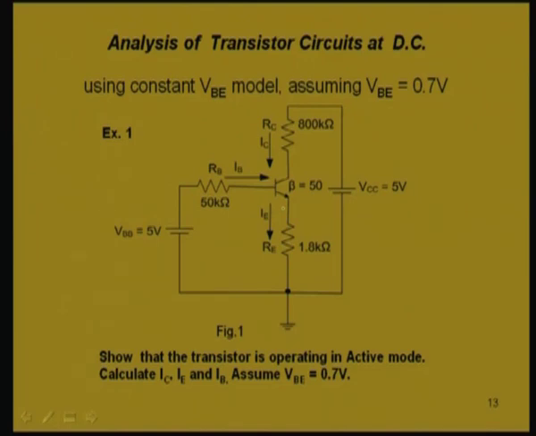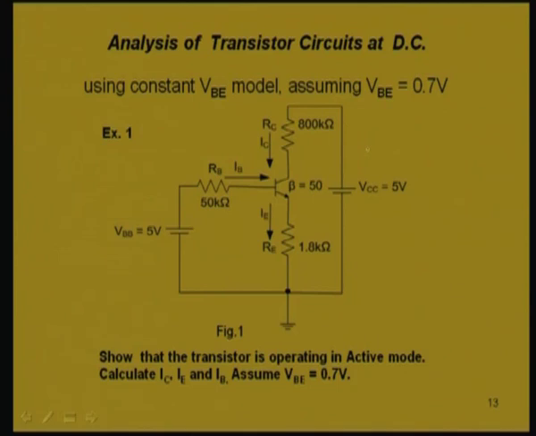Now, we can find out the currents IC, IE and IB, and for that you have to assume VBE is equal to 0.7 volt. In all the analysis that we will be doing, we will be using mostly the constant voltage drop model, that is the constant VBE model.